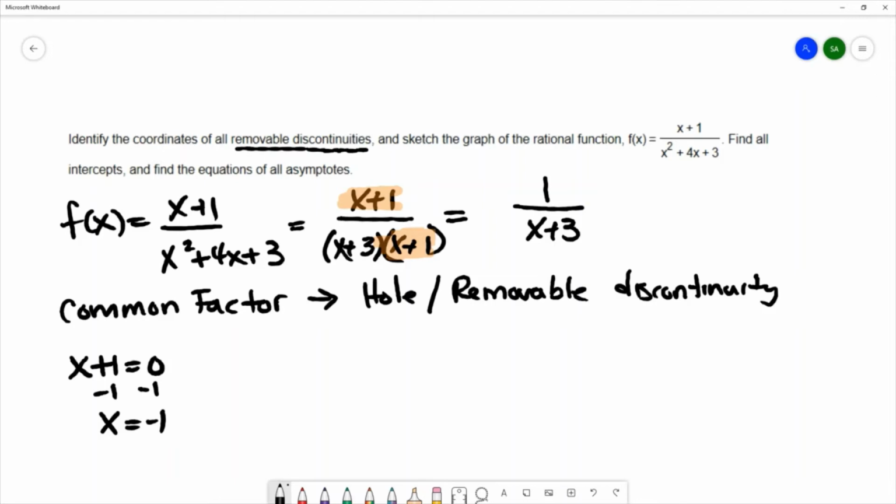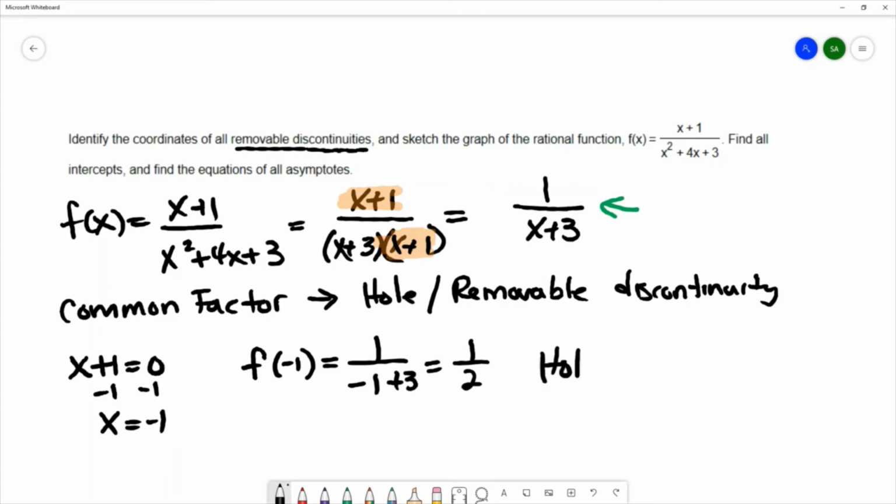I can find the y-coordinate of that hole by substituting -1 into this reduced rational function. So if I substitute -1 into that reduced version, that's going to give me 1/2. So I know that the hole in the graph is going to occur at the point -1, 1/2.